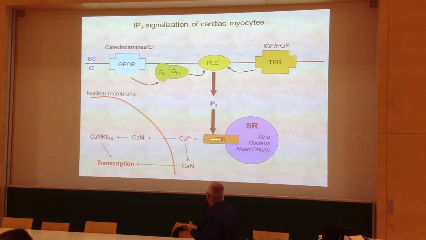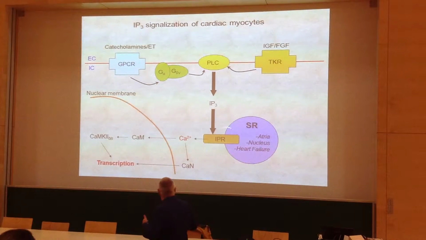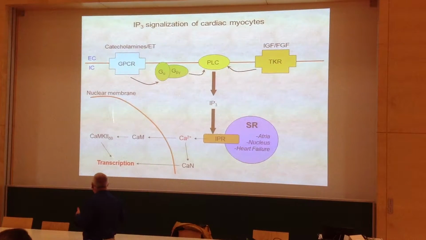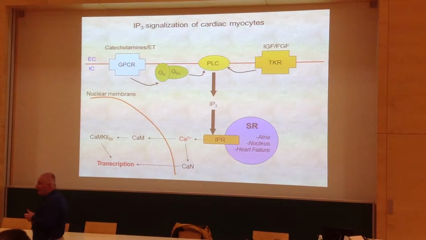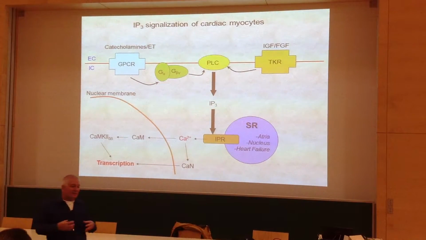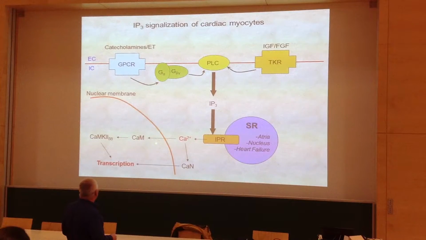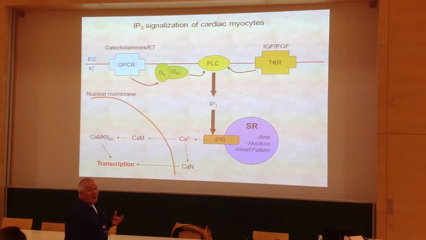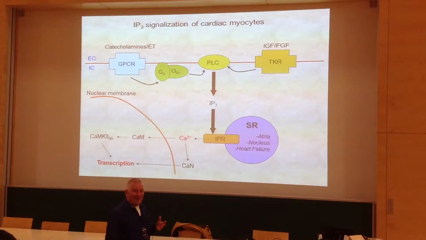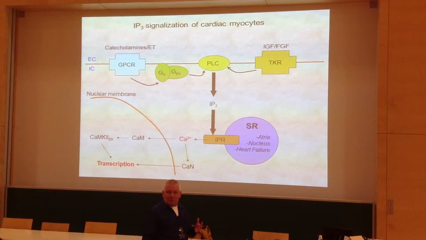The calcium which is released via these receptors or channels from the SR enters the nuclei, and in the nuclei it is going to modulate the DNA transcription. Someone might ask the question, how does the calcium know where it should go when it is released?